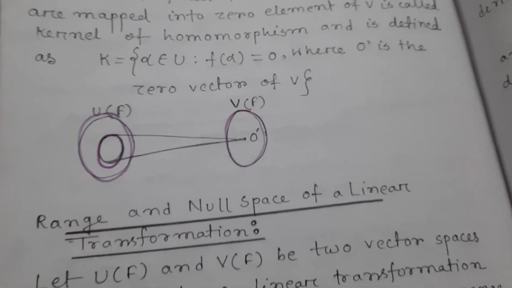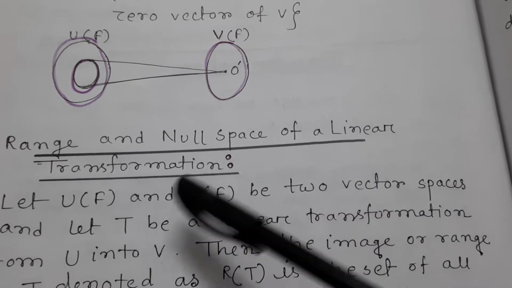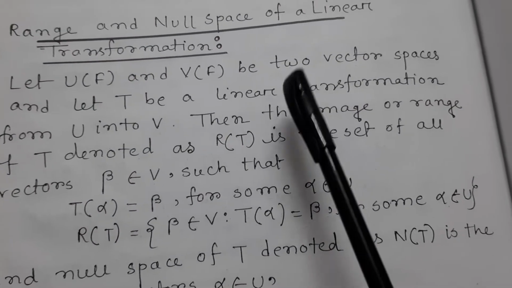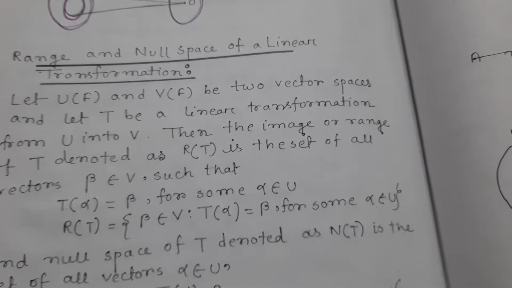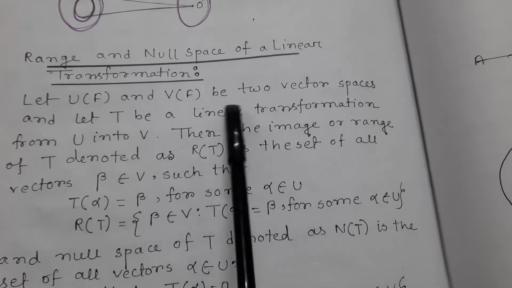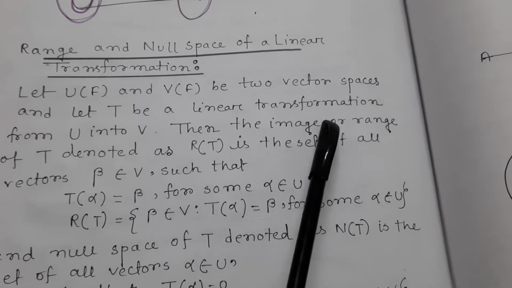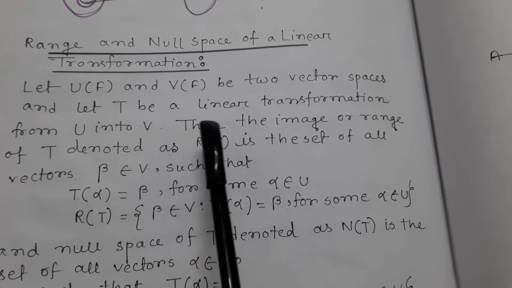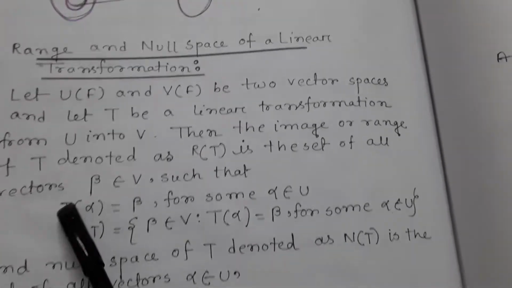Now the range and null space of a linear transformation. Let U(F) and V(F) be two vector spaces and let T be a linear transformation from U into V. Then the image or range of T, denoted as R(T), is the set of all vectors.